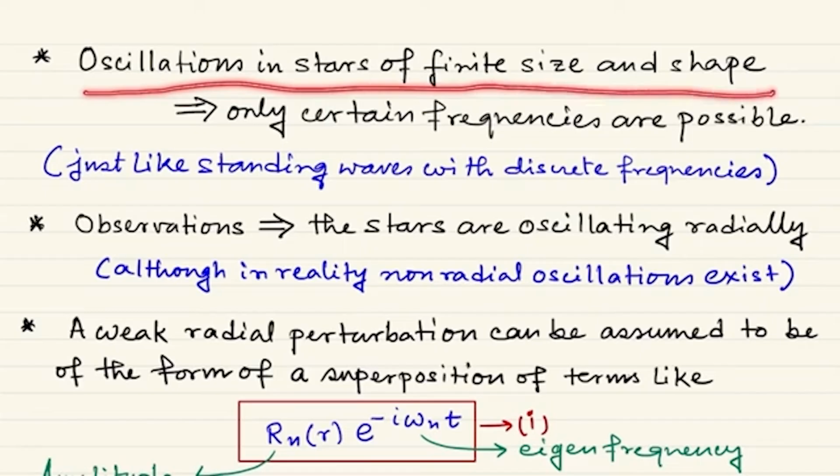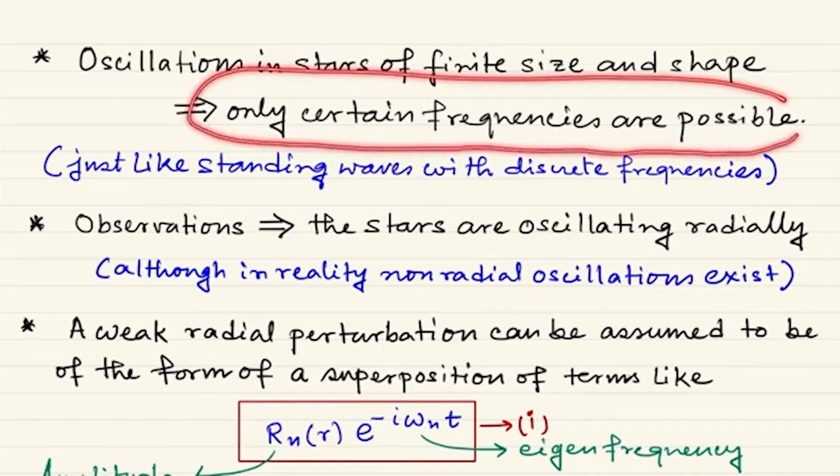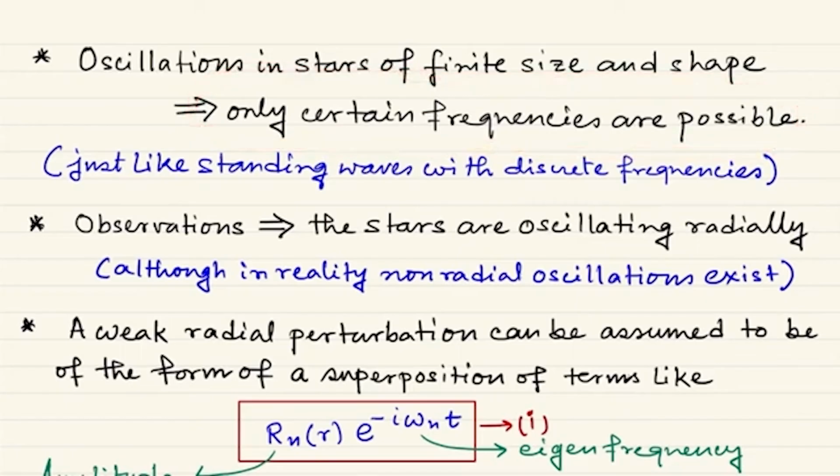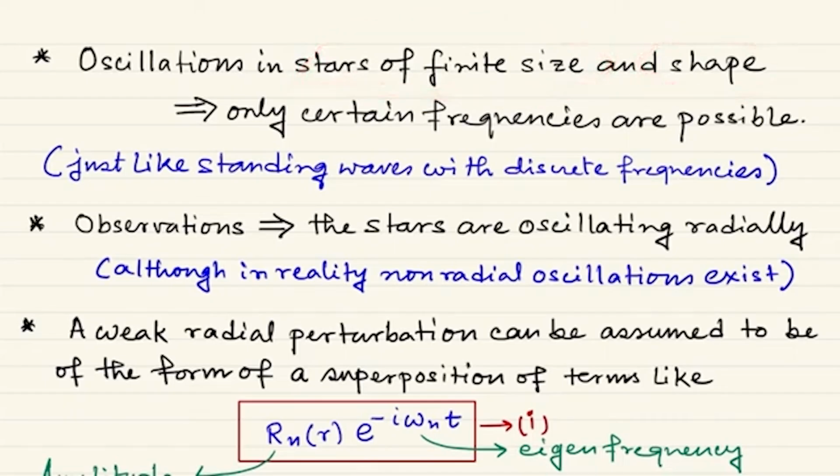and shape must be an oscillation not with arbitrary frequency but only with certain discrete frequencies, because here I have put a constraint on the size and the shape of the star. Here you can easily understand that this is equivalent to the case of a standing wave.